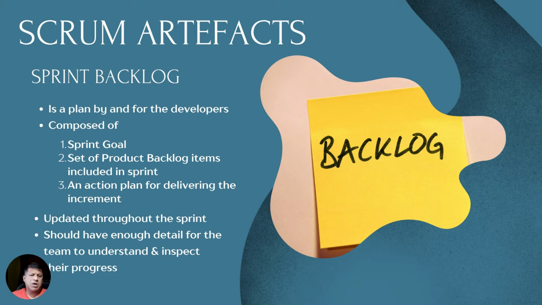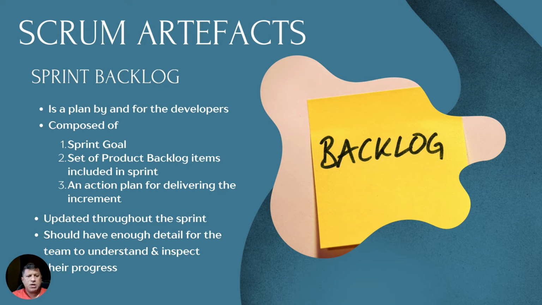It may be 1 week, 2 weeks, 3 weeks, or 4 weeks. Depending on the sprint duration and the capacity of the team allocated for that sprint, they would look at finalizing a sprint goal, and that would be part of your sprint backlog.